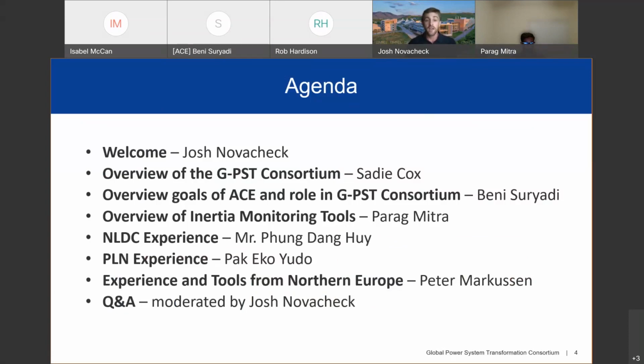We'll then dive into the experience of two system operators from the region. We'll hear from NLDC and their experience of creating a tool initially for monitoring inertia. And then we'll hear from PLN from Indonesia to understand their experience.